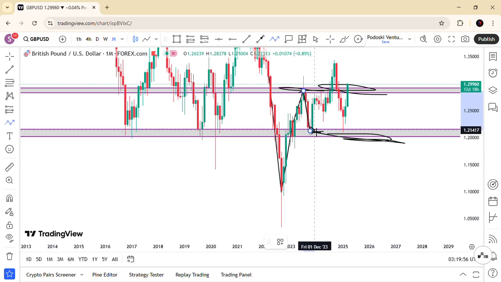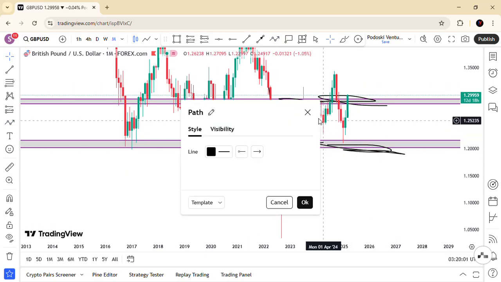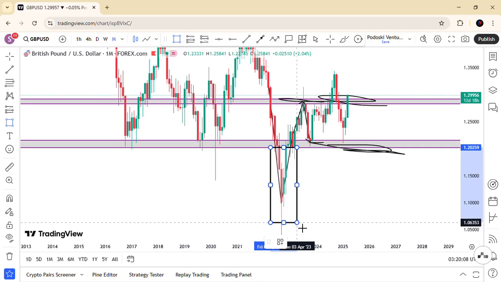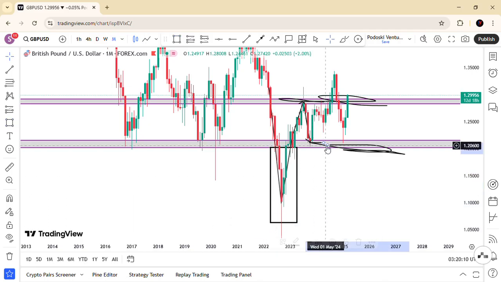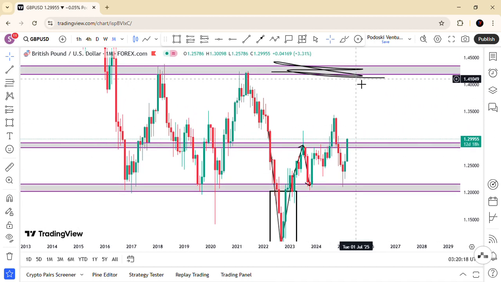So after touching that, it's now making this zone a fake out, because price just tapped there once, which might probably be manipulation.